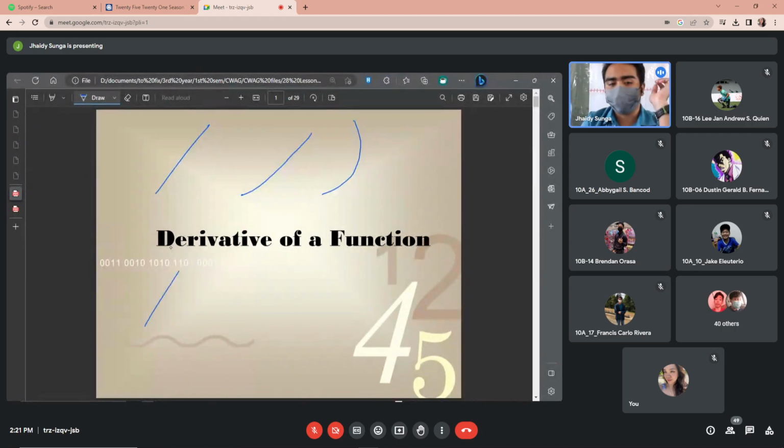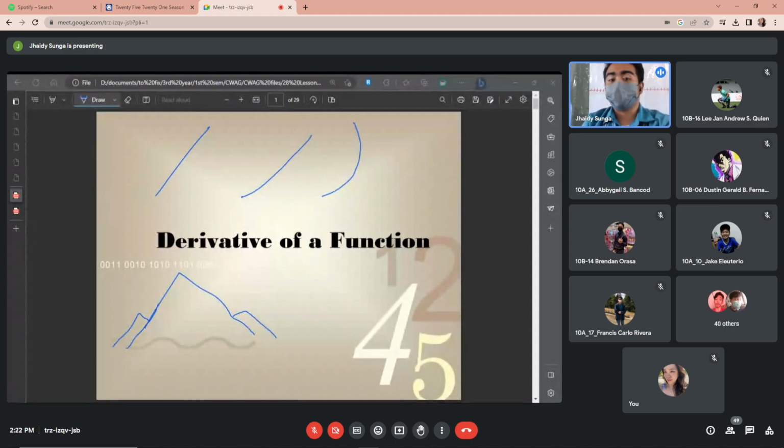So let's say this is Mount Everest. That is the highest mountain in the world. Can we say that the highest mountain is the hardest mountain to climb?